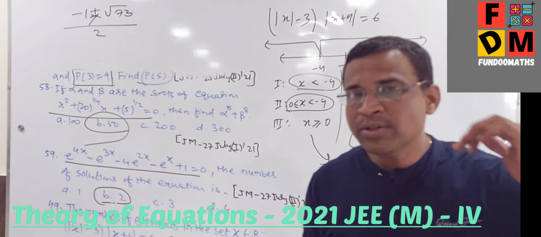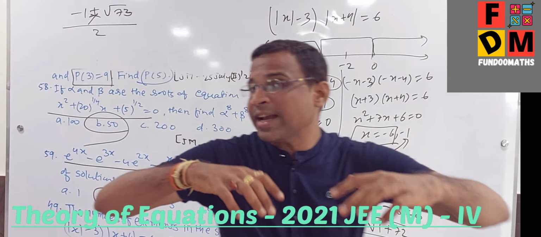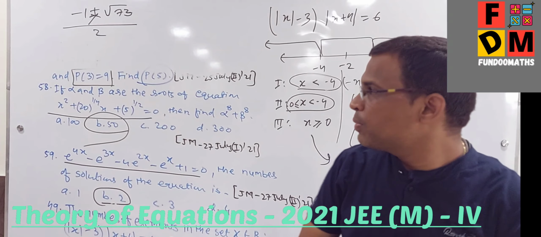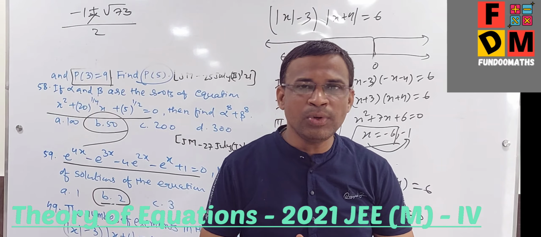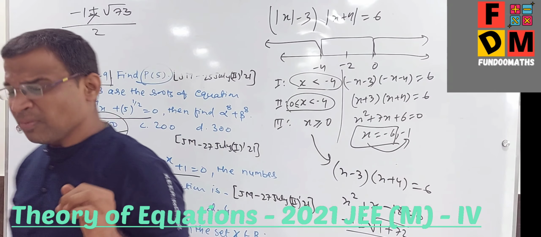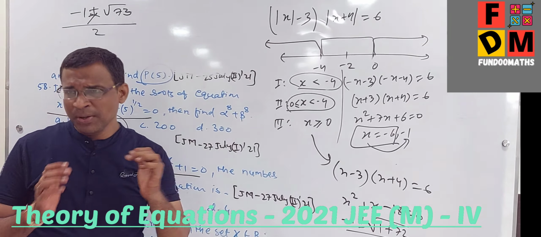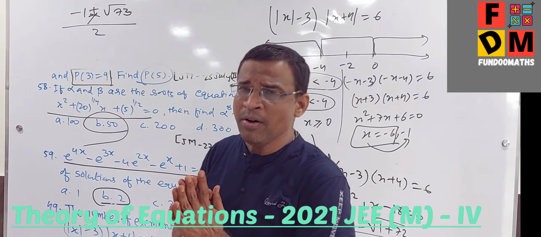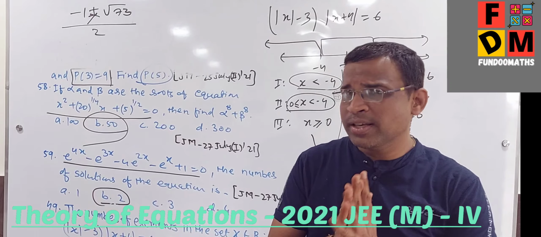If not exactly theory of equation, then clubbed with other categories of questions, the way I am taking them. So be prepared with all possible combinations of the materials you have for JEE Advanced Theory of Equation.